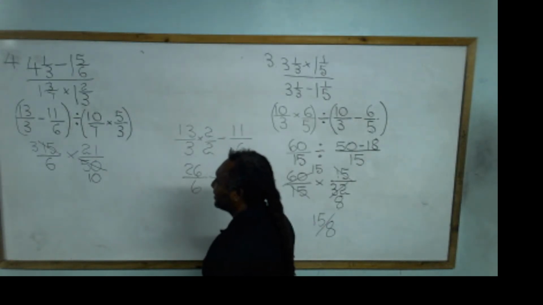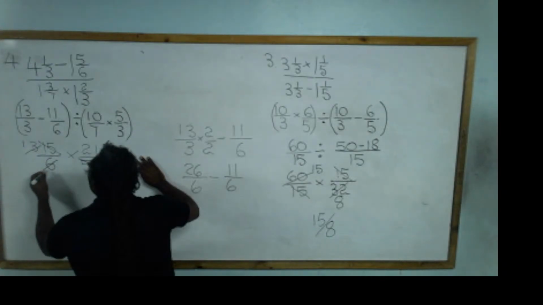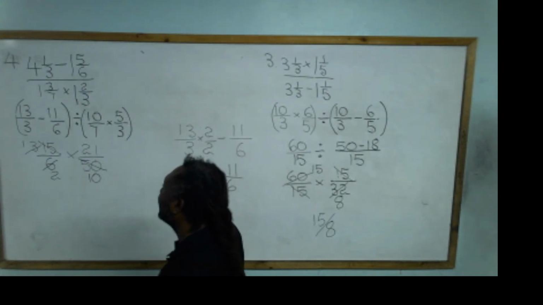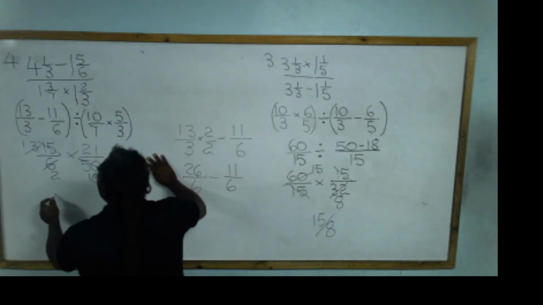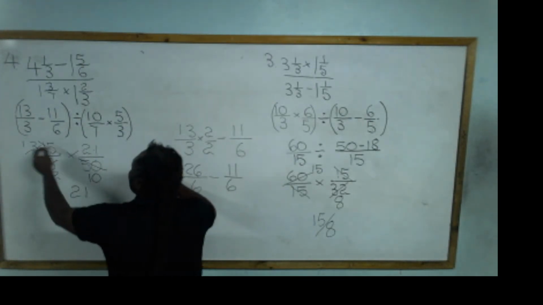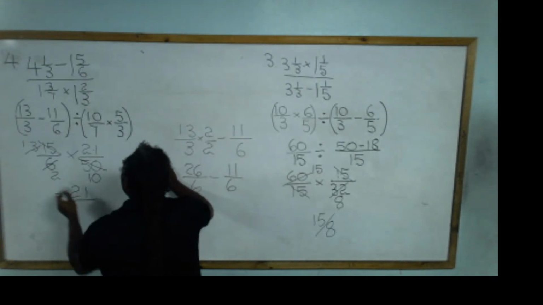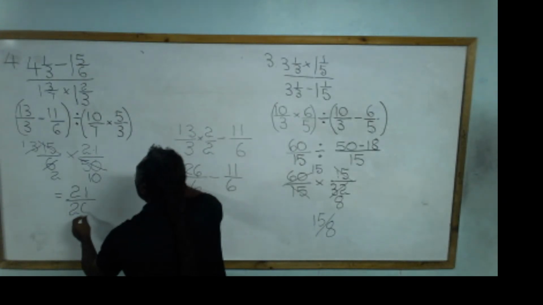Yes. We can leave that. 3 into 3 is 1. 3 into this is 2. So there's no other thing that we can simplify by. Your final answer is 21. How do we get the 21? Because there's only 21 to be multiplied by 1. Everything is simplified to be 1. And then in the denominator, we have 2 times 10, which is 20. So it's 21 over 20.